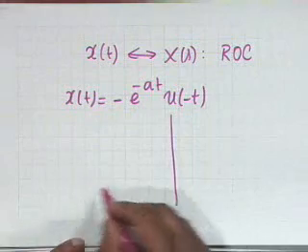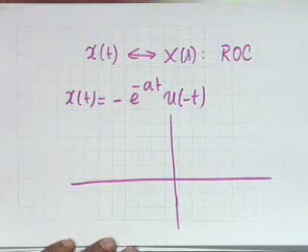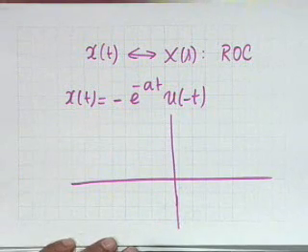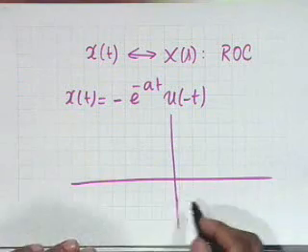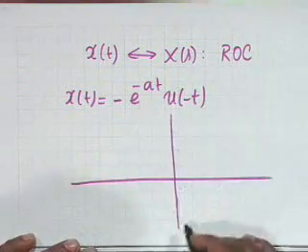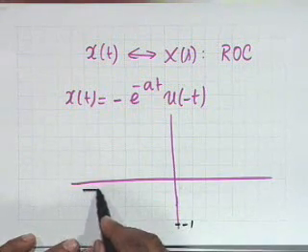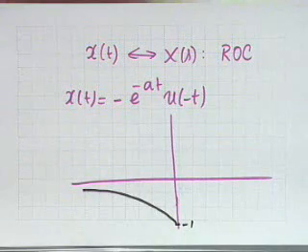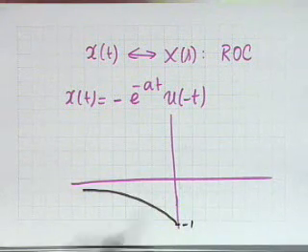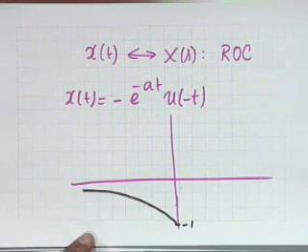What kind of a function is this? Obviously, it exists for t less than 0, and it is a negative function. That means it is minus 1 here, and then it goes to 0 as t goes to infinity. This is the function, an exponentially rising or decaying function.